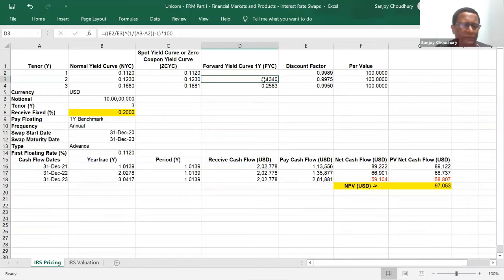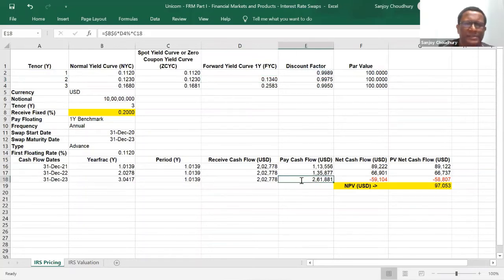So 0.1340, how is this computed? This is computed using the forward yield curve function, which is discount factor 1 divided by discount factor 2, raised to the power 1 divided by T2 minus T1, minus 1. The last 100 is just to convert that into a number. Similarly, for the second year, the rate of interest, which is given in D4, which is 0.2580, is essentially the 1 year rate after 2 years.